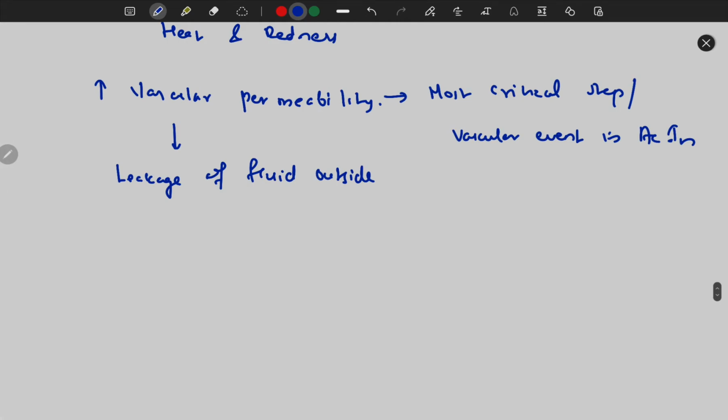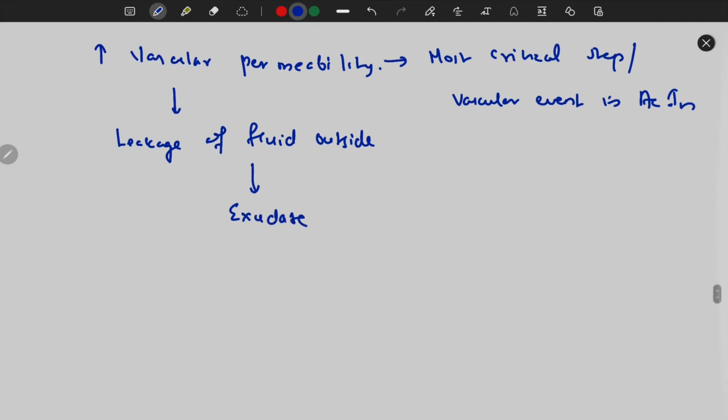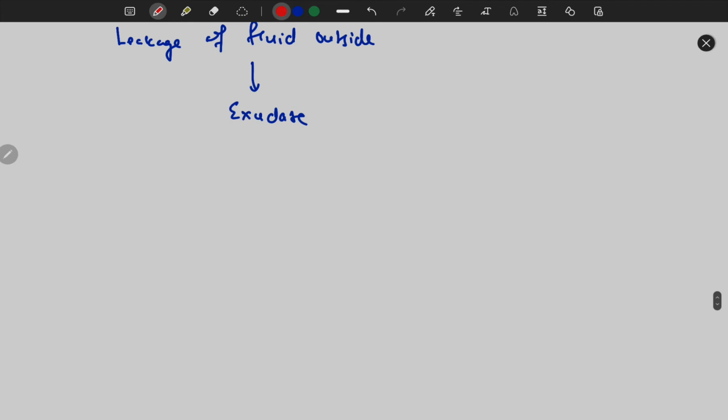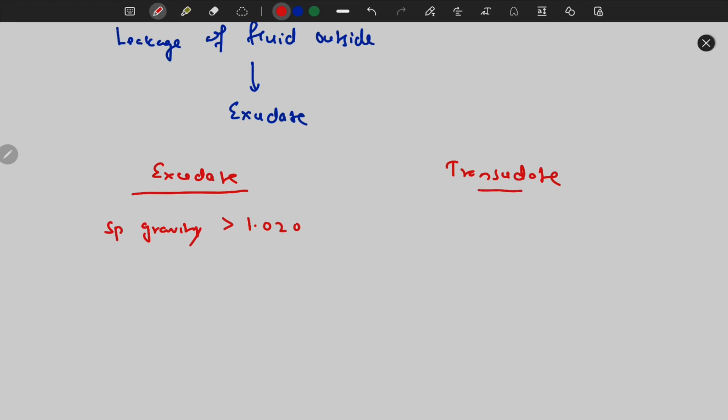This forms the exudate. It is very important to know the difference between exudate and transudate. In exudate, the specific gravity will be greater than 1.02, and in transudate, the specific gravity will be less than 1.02.